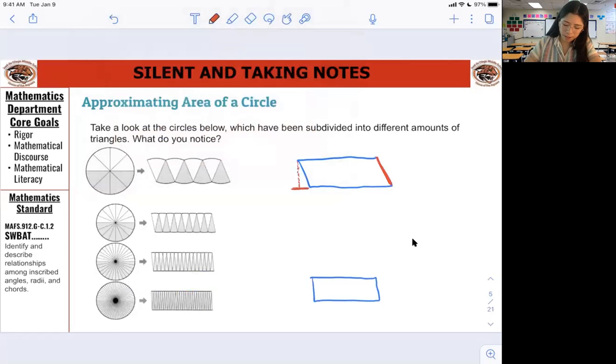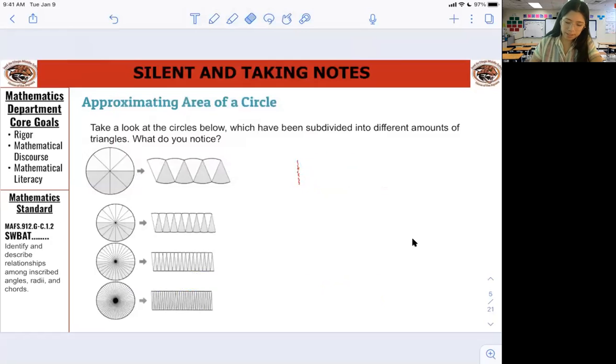But on a rectangle, the height is the same as the side length. So the more subdivisions you have, the more triangles, the more slices of your pizza, the closer you get to being a rectangle, and the closer you get to an accurate measurement for the area.